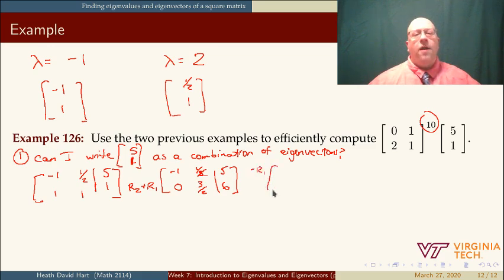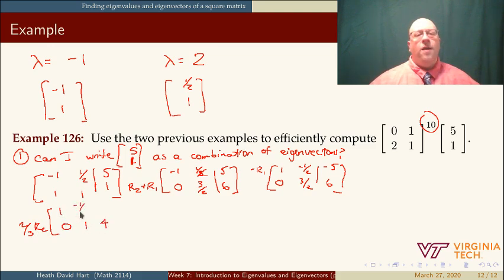Take negative row 1. Get rid of that 3 halves. 2/3 of row 2 gives me 0, 1, 4, 1, negative 1/2, negative 5. And then finally, row 1 plus 1/2 row 2 gives me 1, 0, negative 3, 0, 1, 4.